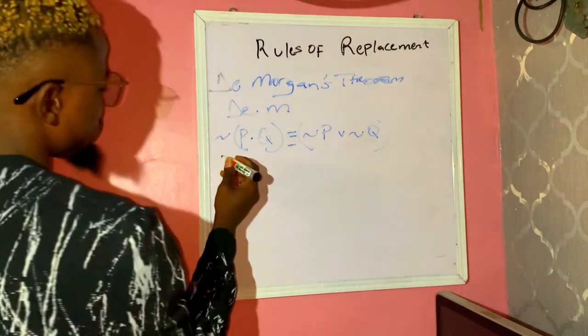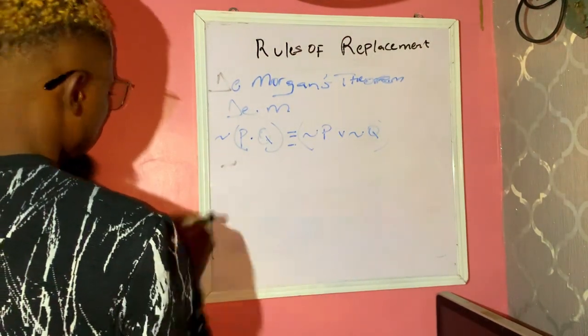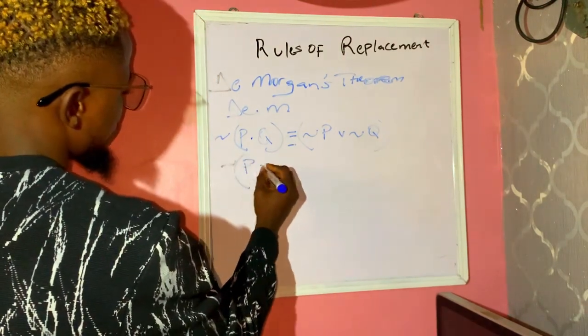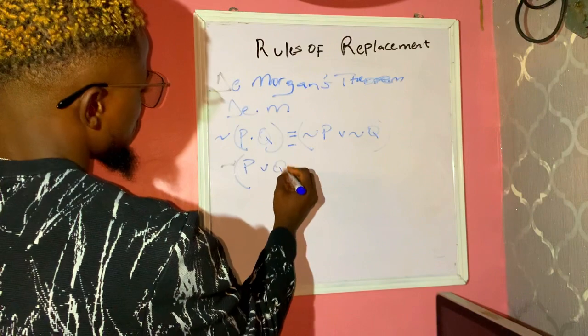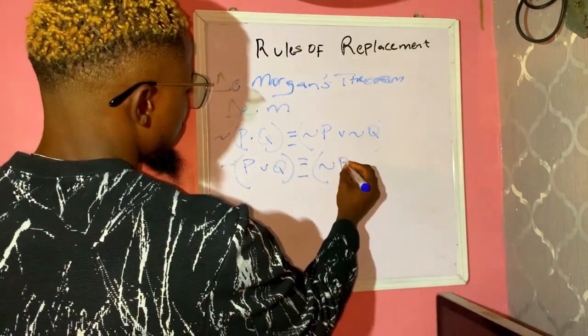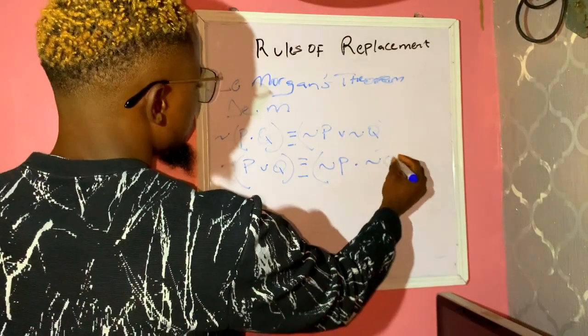Then the same thing applies to the second line. So it has two lines, negation P or Q if and only if negation P and negation Q.